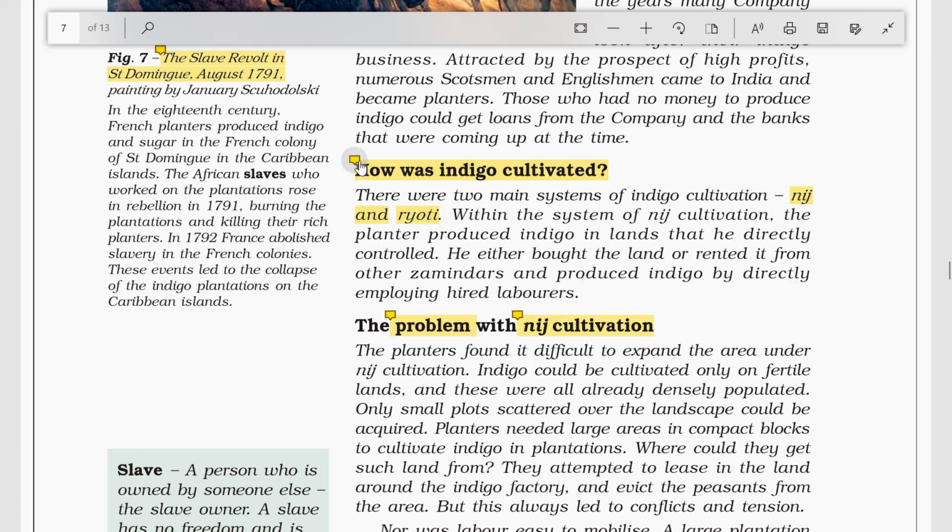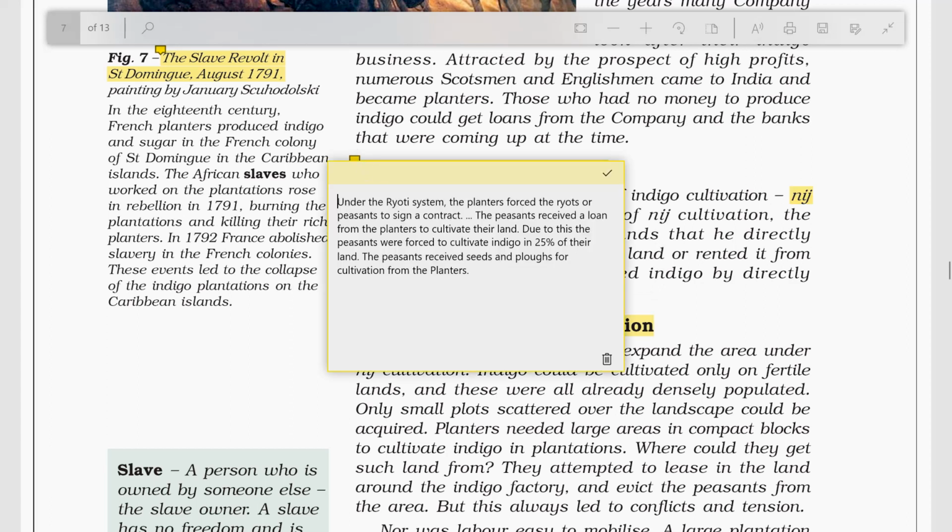Now next was the ryoti cultivation. Under the ryoti cultivation, the peasants had to sign a contract. Under this contract, the peasant received a loan from the planters to cultivate their land, as we discussed, they were getting money in advance. Due to this, the peasants were forced to cultivate indigo on 25% of their land.